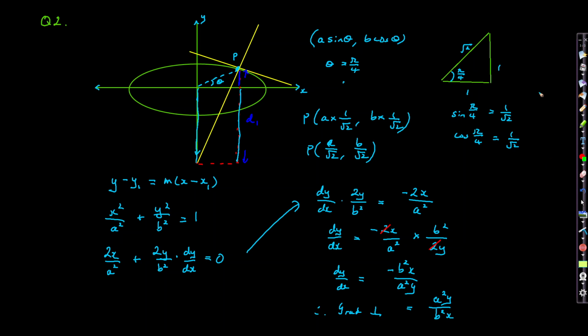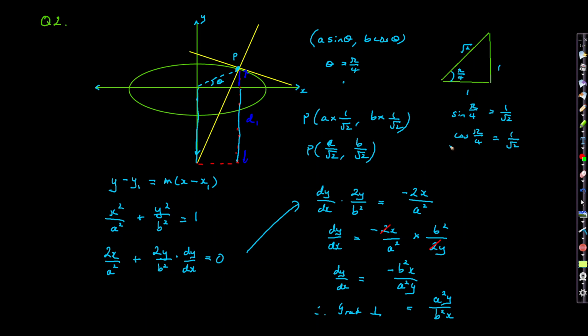Okay, so I'm going to move to another page, and then we're going to substitute into this here. So moving to a new page. We've got the gradient of the normal was, what was that again? Let's go back a page. A squared y over b squared x.